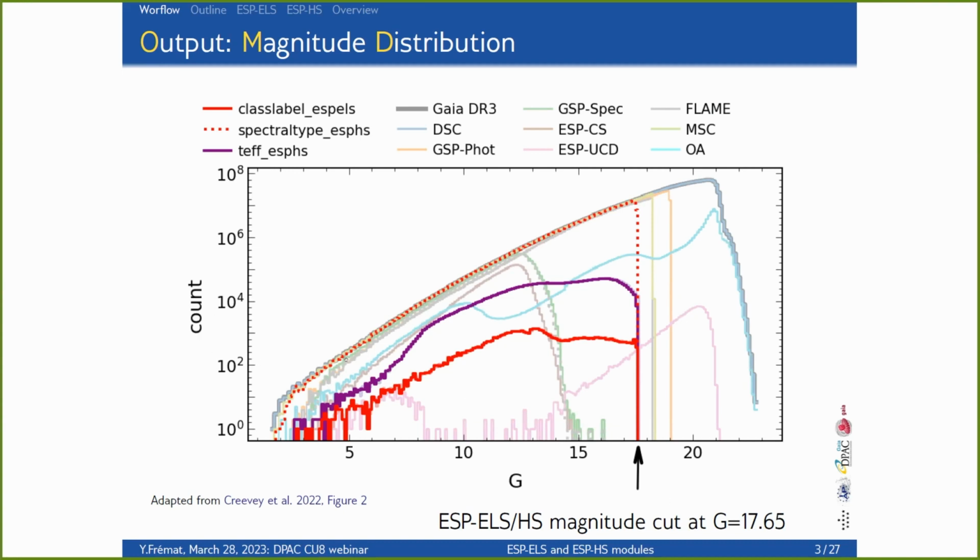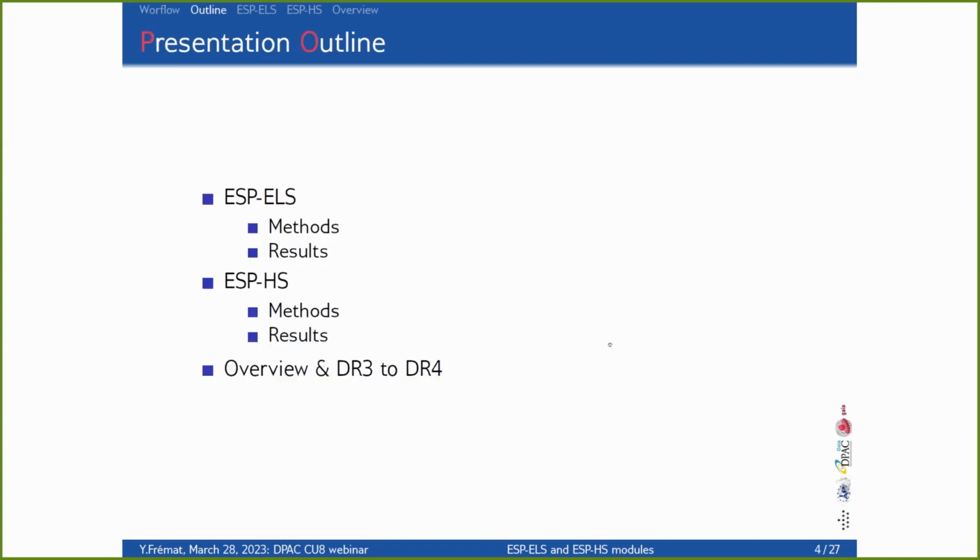Here is the counting of targets as a function of magnitude. If you compare it with the other modules, you see this straight cutoff in, for example, the distribution of the spectral type tag provided, the astrophysical parameters provided, and the ELS class label.